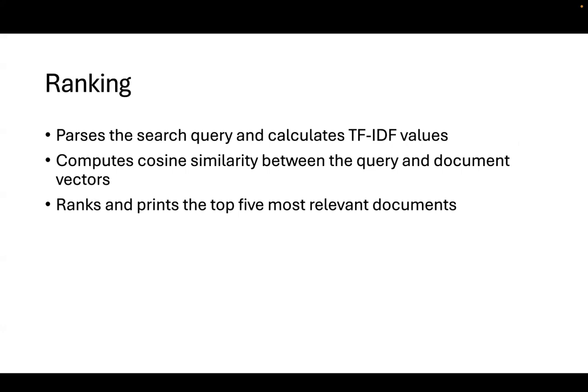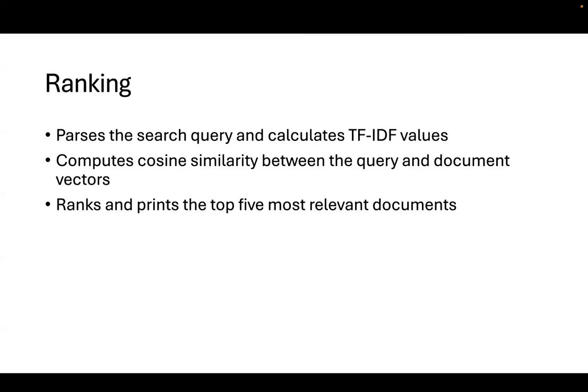For the rank function, essentially it allows a user to enter a query, and then that's parsed to extract tokens. The function then calculates the term frequency, the TF, of each token in the query, and then uses it to compute the TF-IDF values for the query in relation to a list of documents.